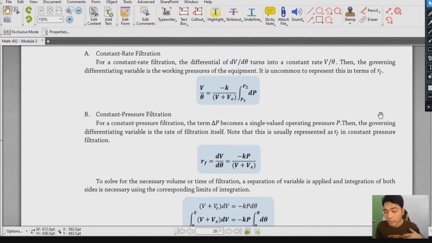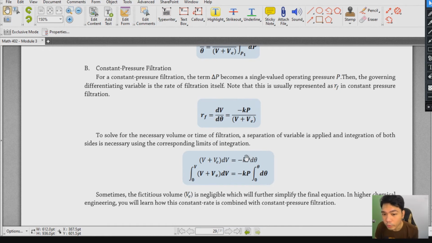So in the higher engineering process kasi, sometimes this is a combination of the constant rate and constant pressure. So after mong maggawa ng constant pressure, magko-concentrate ka naman. So may mga ganong cases, but of course, I will not be dealing with those dito kasi ito lang naman, parang application of integration, to solve for yung mga volume natin, since this is actually a differential equation already.